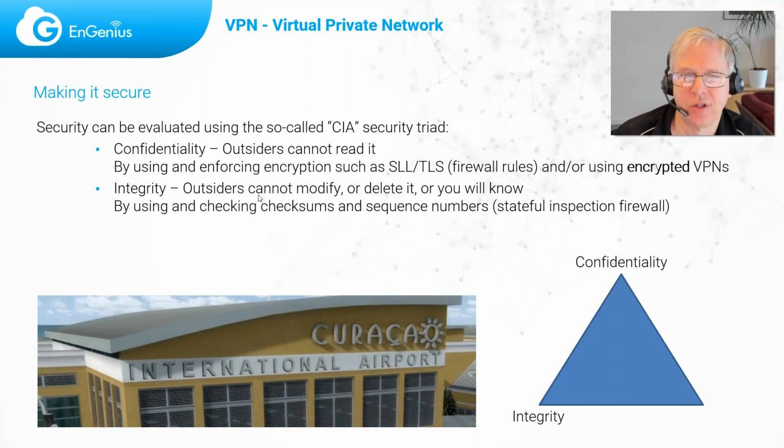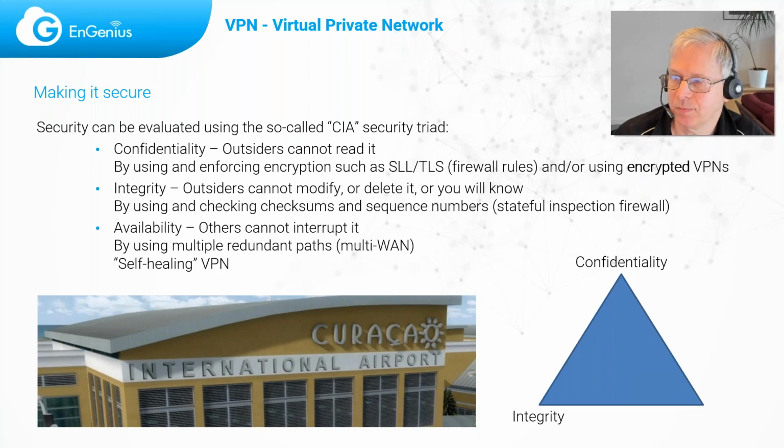This is usually done by using things like checksums, sequence numbers, and in some ways a stateful inspection firewall. The last part of the CIA security triad is availability: that others cannot interrupt it, or when something happens, that you have multiple redundant paths, multi-WAN, and self-healing VPNs to recover your link.